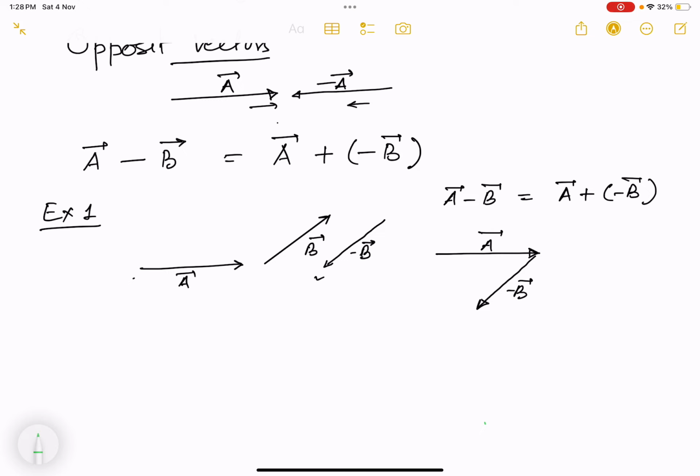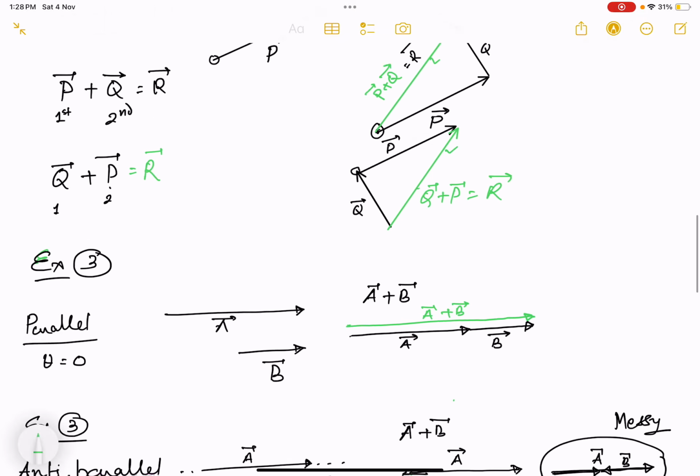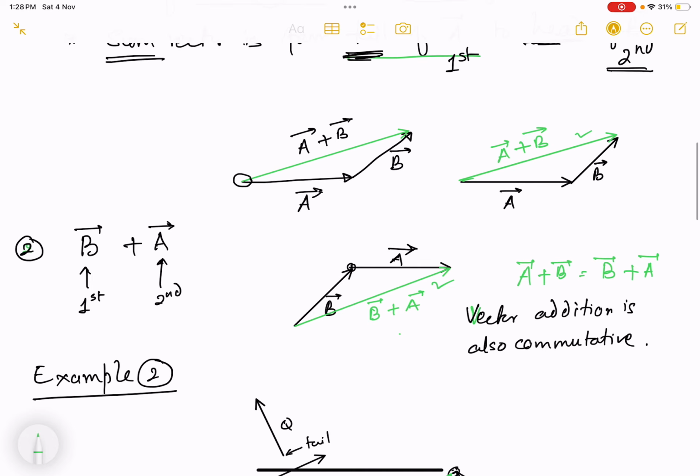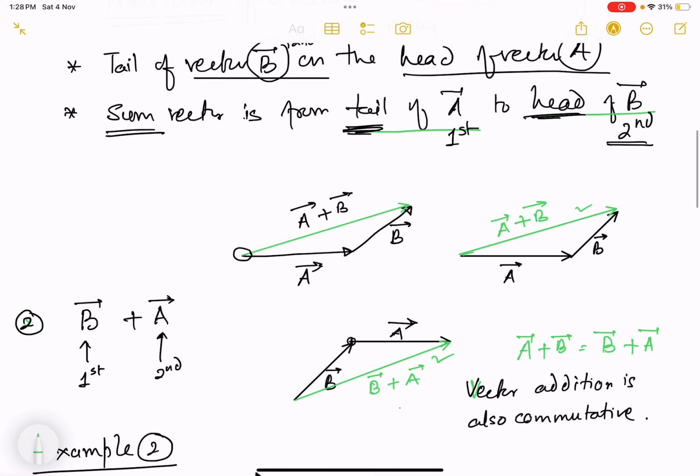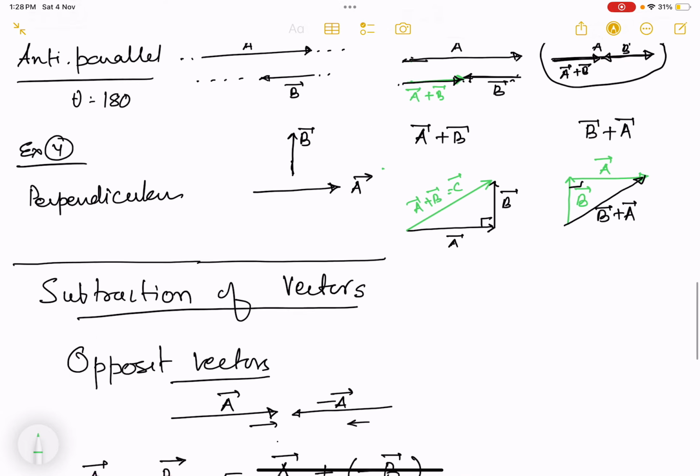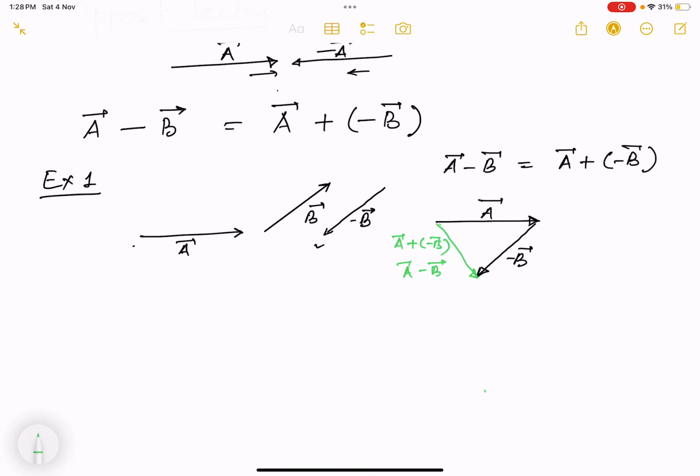It will be from the tail of A to the head of minus B. So this becomes vector A plus minus vector B, which is A minus B. Compare it with A plus B. We have taken similar vectors A and B. You can see A plus B was this, and A minus B is this. Okay, this is one example.